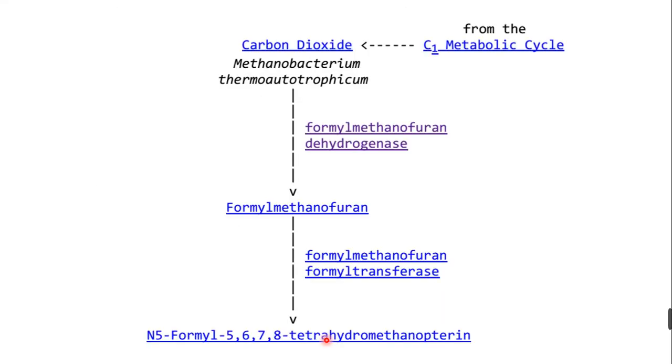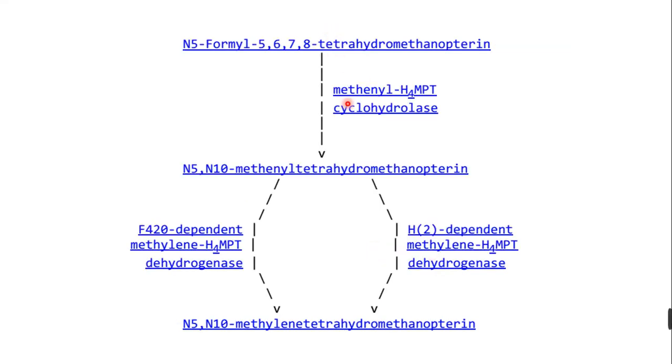Here the carbon dioxide, in Methanobacterium thermoautotrophicum, by the action of methanofuran dehydrogenase, formylmethanofuran is formed, and from this N-formyl-5,6,7,8-tetrahydromethanopterin is formed by the action of formylmethanofuran formyltransferase enzyme, and this further forms N5,N10-methenyl-tetrahydromethanopterin.